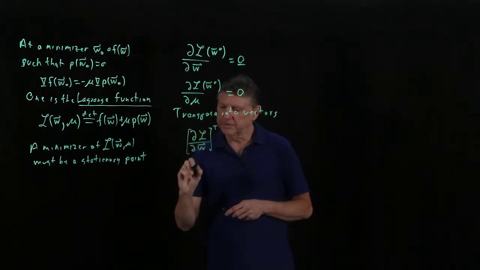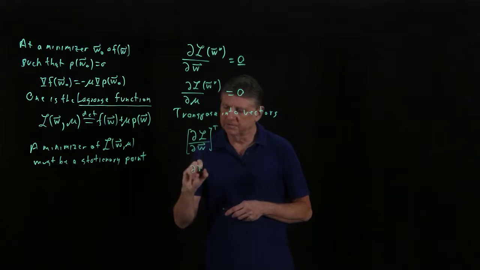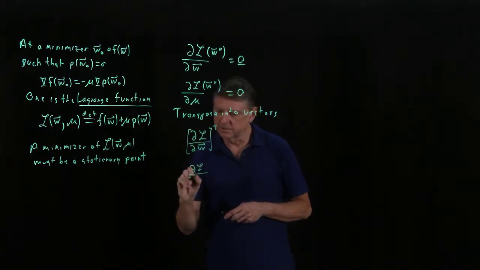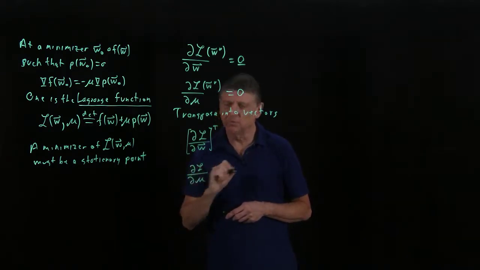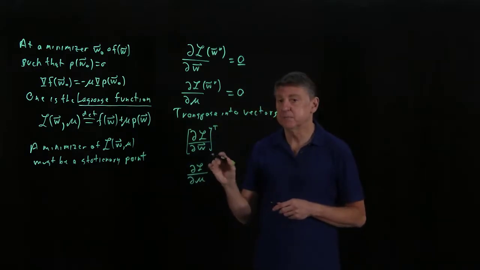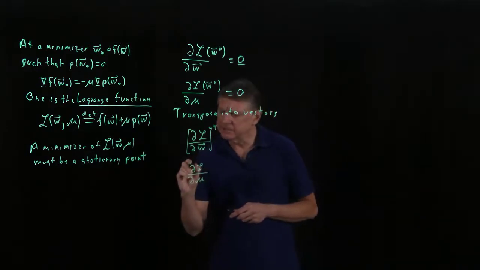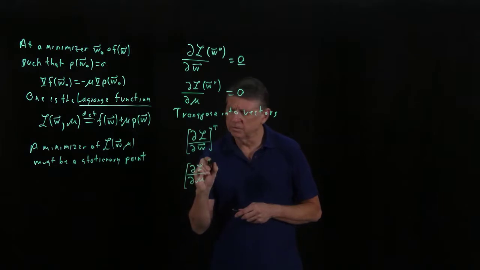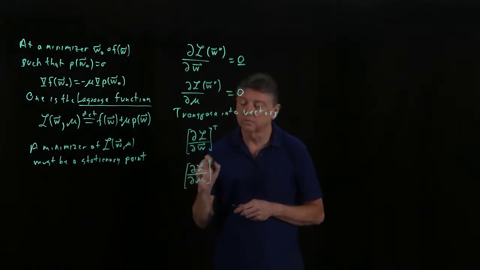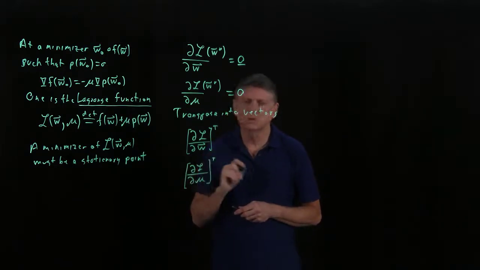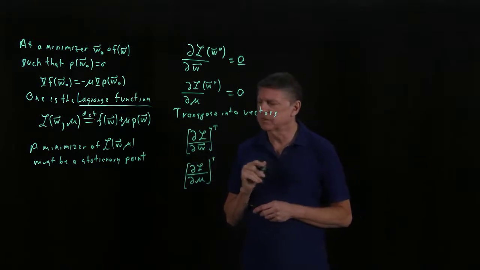And then we'll take the partial derivative of the Lagrange function with respect to mu. That's a scalar in this particular case. In a general case, there might be more than one property, so there might be more than one Lagrange multiplier. So let's anticipate that, and we'll transpose that.